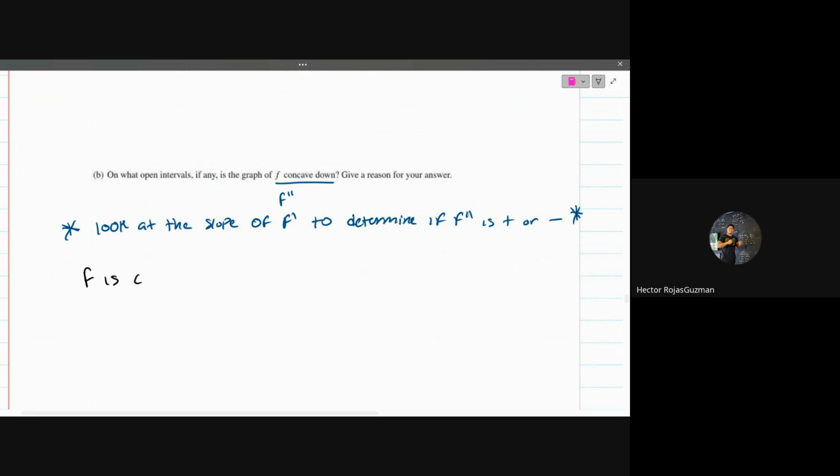F is concave down on the interval, or I should say the intervals -2 to 0 and 4 to 6.